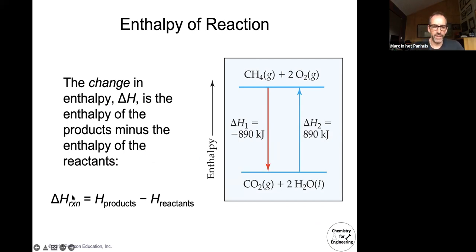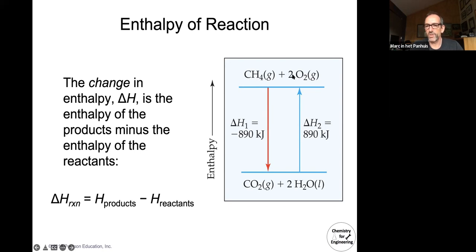So we can say that the change in enthalpy is equal to the enthalpy of the products minus the enthalpy of the reactants. And then we can make these little diagrams. For example, we can plot enthalpy on the y-axis, and over here we have the burning of methane.